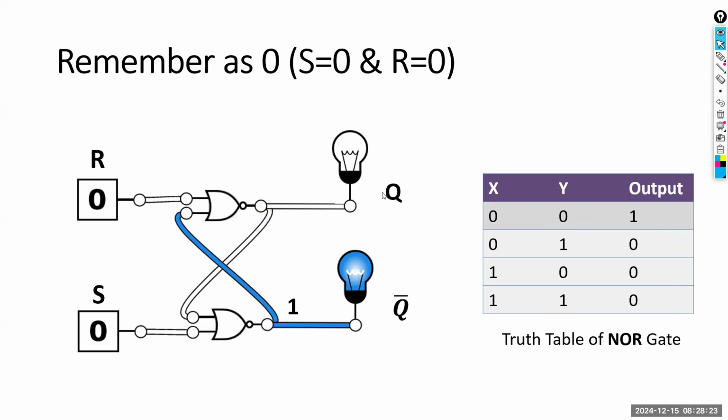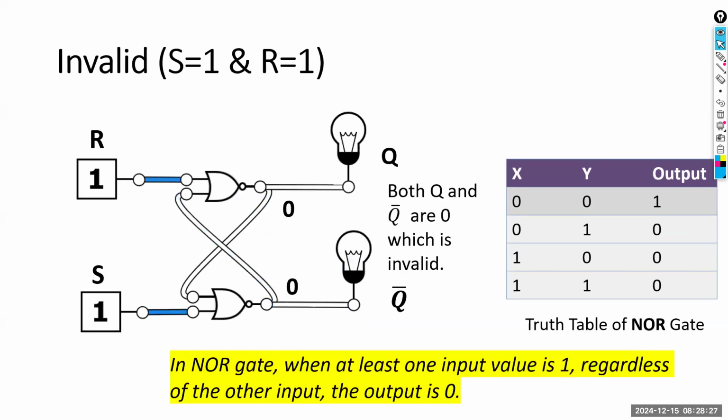But there's an invalid scenario. What is that invalid scenario? 1, 1. If you ever give 1, 1 to the SR latch, assume we give 1, 1. Now you know that when at least one input is 1, output is 0. So now this 1 means output is 0, and this 1 means output is 0. That 0 is fed here, that 0 is fed here.